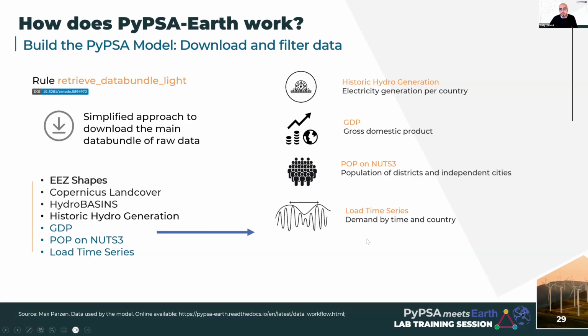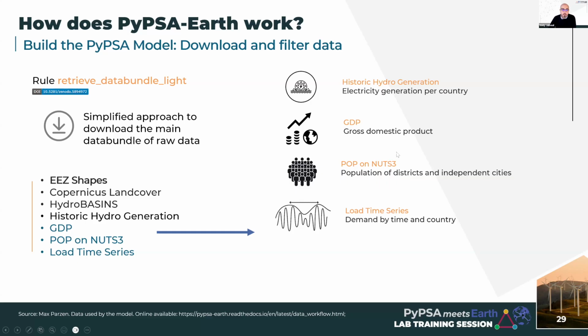We also get, as Anton already mentioned, the load time series, which is the demand time series for the country itself in the future. For example, if we say for 2050, we download these demands from Zenodo, where we already collected the demands according to socioeconomic pathway SSP2.